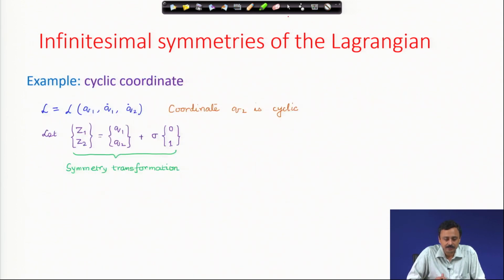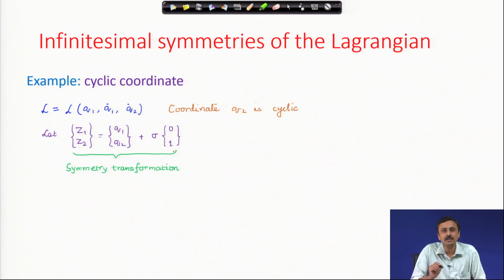Let us look at some examples. Suppose you have a cyclic coordinate. Here I do not find q2, so q2 is a cyclic coordinate. Think about a transformation z1 z2 equals the q1 q2 vector plus sigma times 0 1.